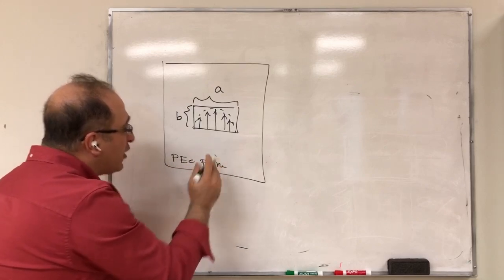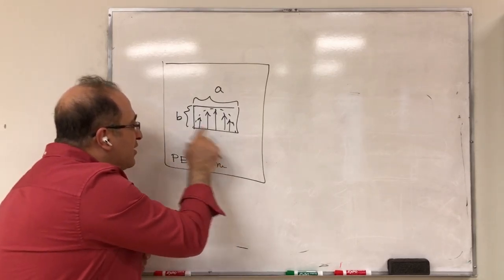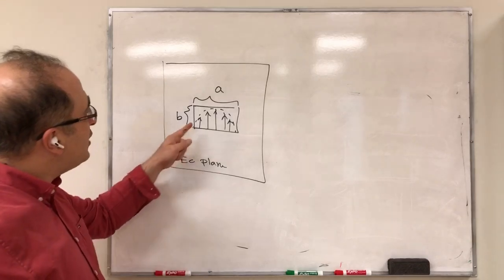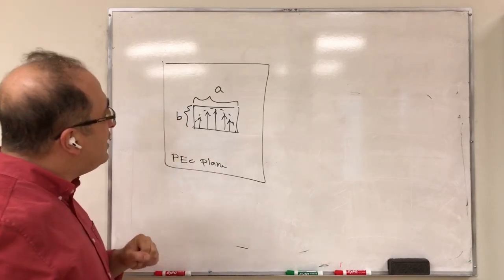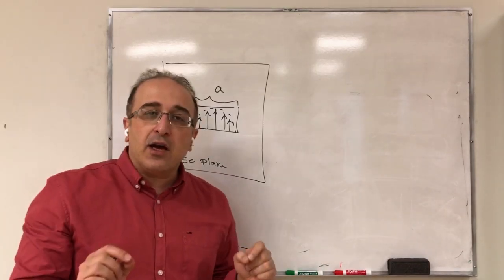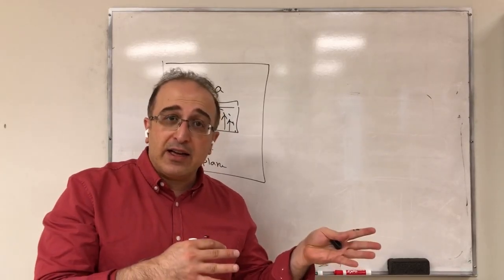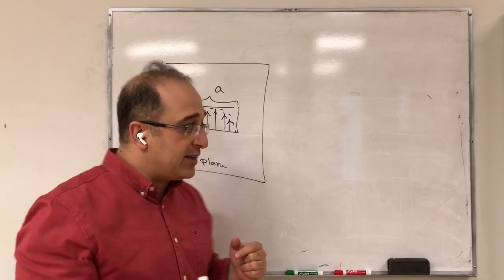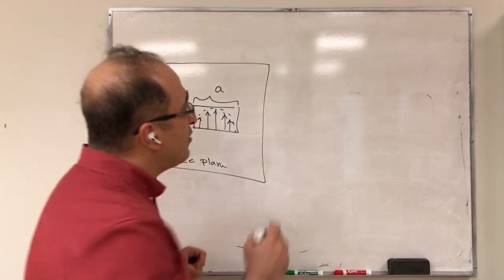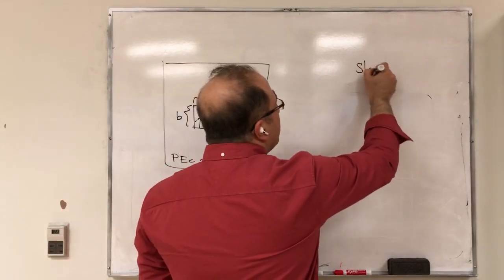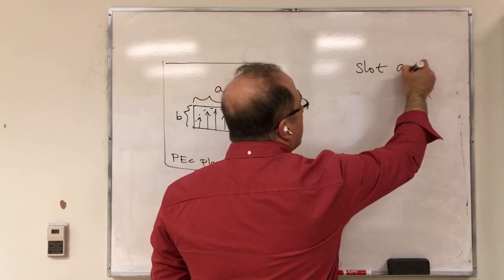Now, I'd like to have a specific case in which these A and B are certain sizes. If they are certain sizes, as we saw, that relates to an open-ended waveguide antenna. But we have another type of aperture that's called a slot antenna.